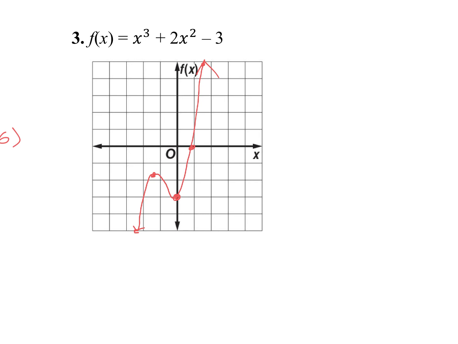All right, so you could click on some of the key points. First thing we want is the relative max and relative min. This is another odd one. So since the degree is odd, it's not going to have a max, it's not going to have a min, because the two sides, one will go up forever, one will go down forever.